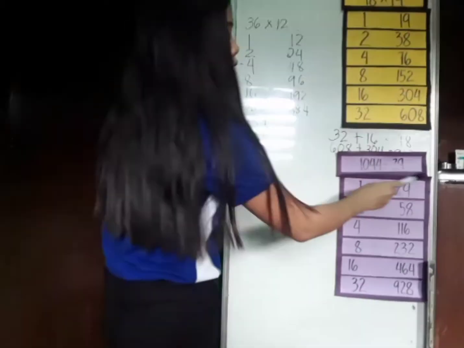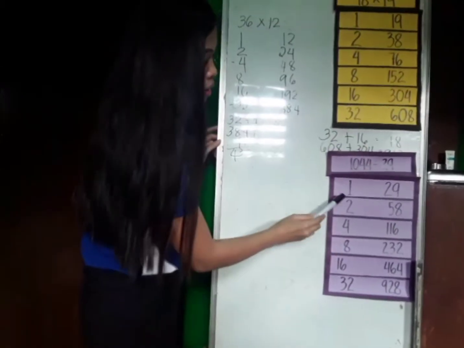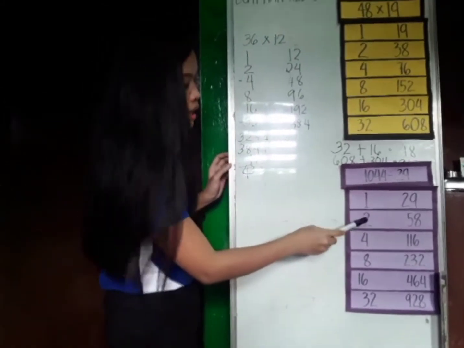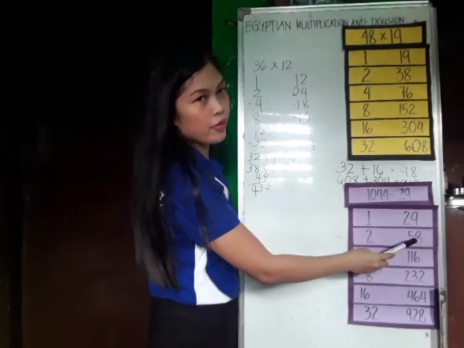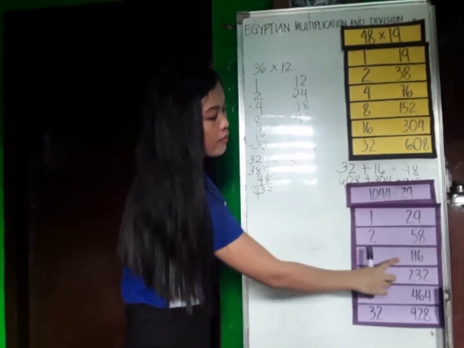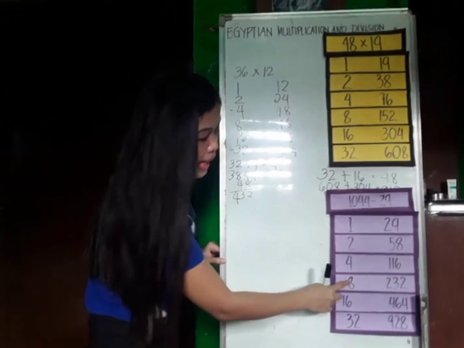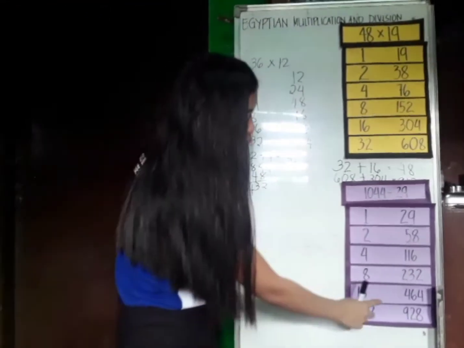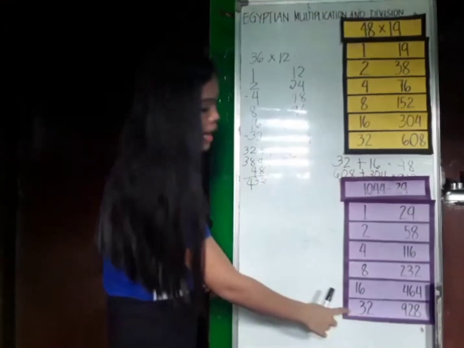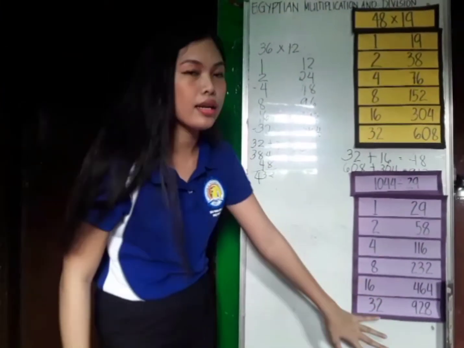So 1 is 29. 2, we double the first number again, and 29 plus 29 will be 58. Then 4, we have 116. 8, we have 232. 16, we have 464. And 32, we have 928.